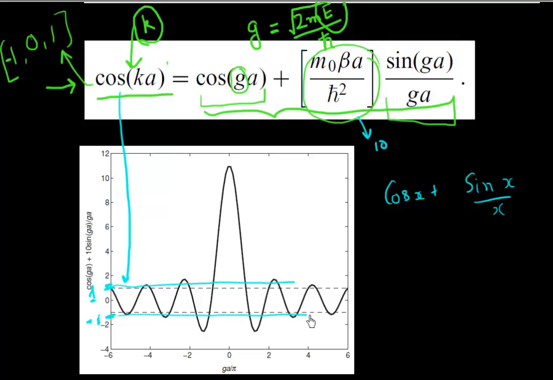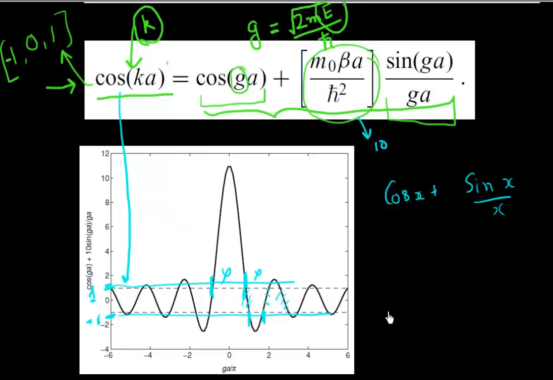So those values of GA, or those values of energy which result in this function being between -1 and 1, are allowed. These values of energies result in this function being in this band, so they're allowed, while these values which result in the function going out of this band are not allowed.